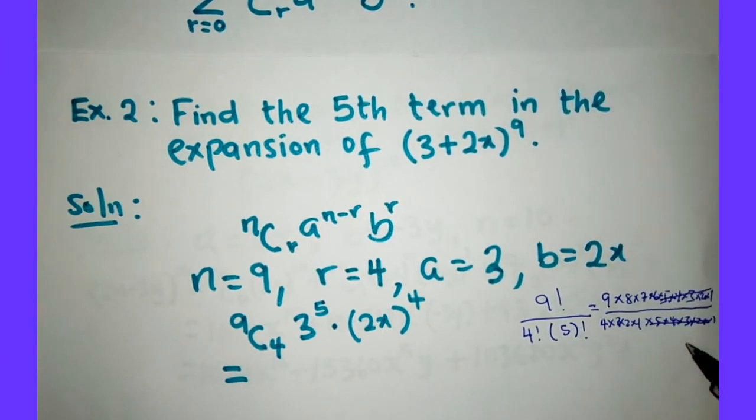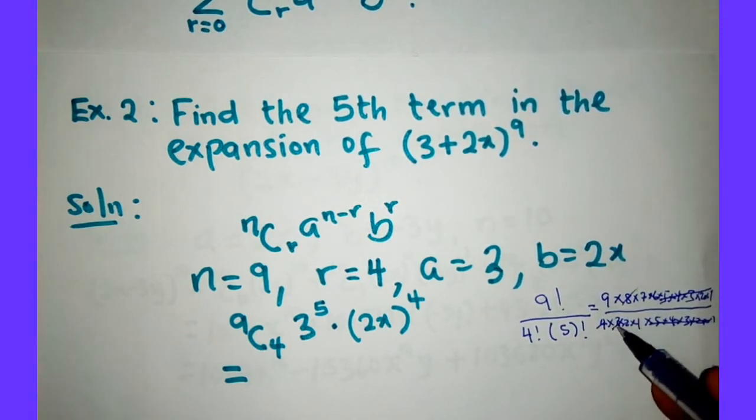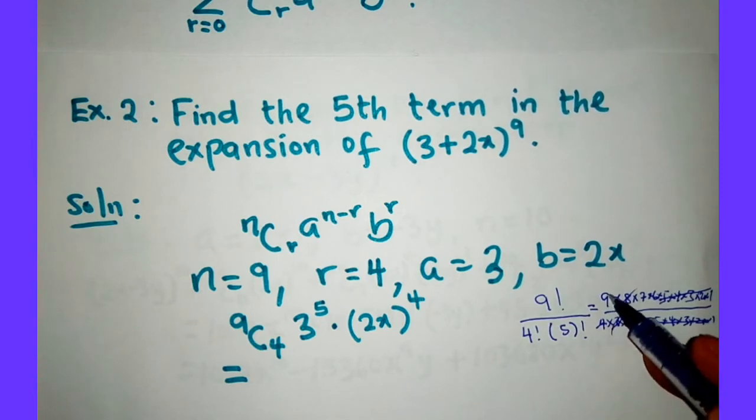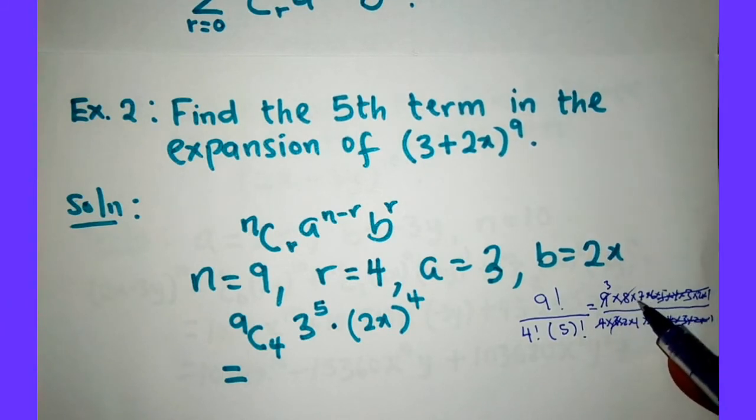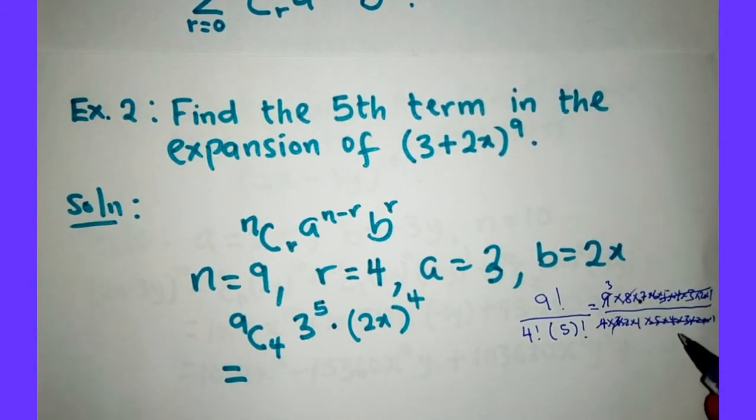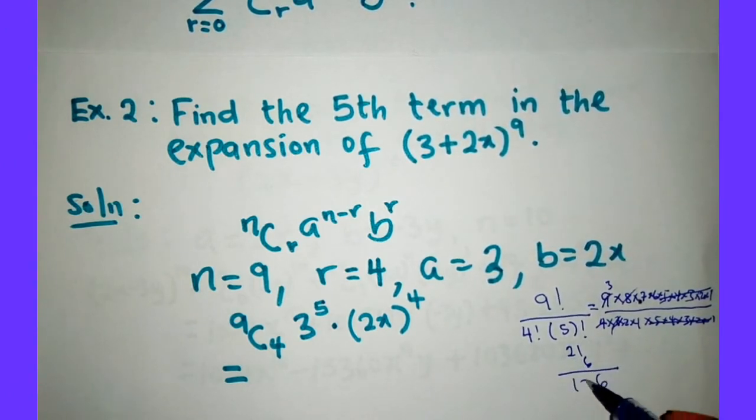This cancels out, and then here we have 4 times 2, which is 8, cancels this out. Still have a 3 here. 3 in 9 gives 3 here. So we have 3 times 7, which is 21. So we have 21 times 6. 6 times 1 gives us 6. 6 times 2 gives 12.